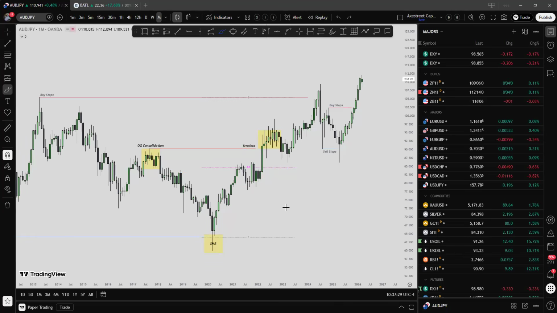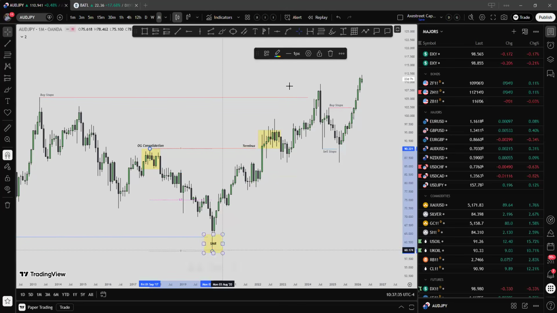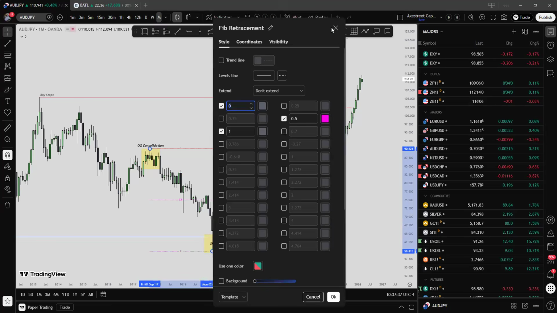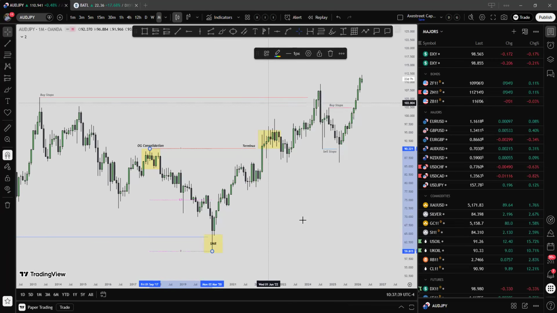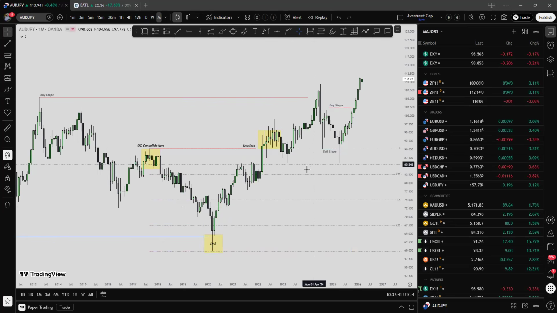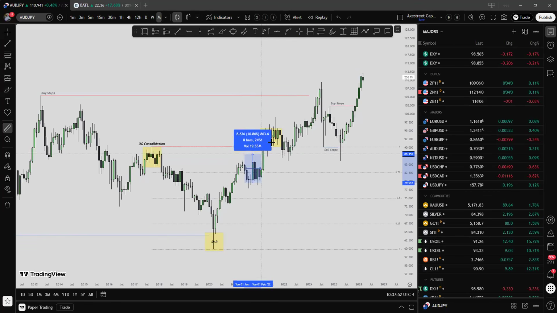Because if we think about the graded price swing from the original consolidation to where the market put in its low and we measured 25%, right? We graded in these quarters. We can see 0, 25, 50, 75. This is usually where we find our silver bullet towards this high, right? So this is our silver bullet.